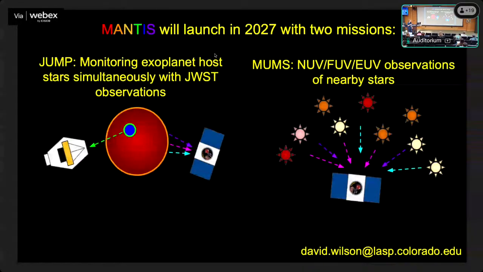And then while JWST is doing something else, we'll be monitoring hopefully about 20 nearby stars, trying to get a range of spectral types and ages to finally get that data that we need to test the EUV models and see if we can actually measure the EUV flux coming from stars.